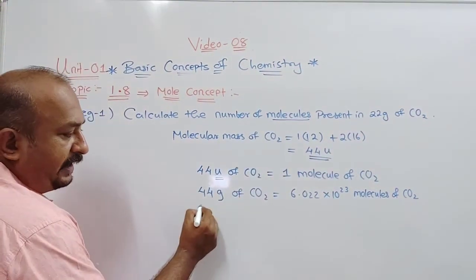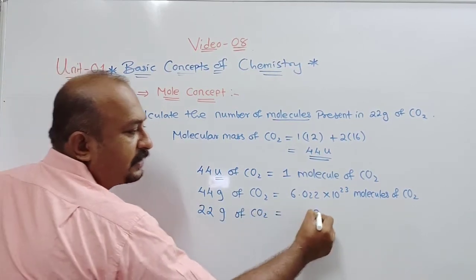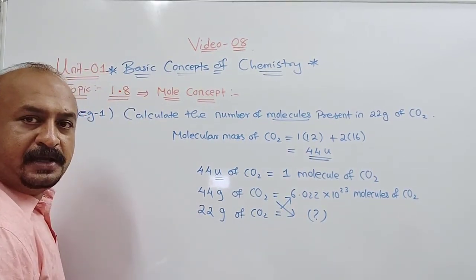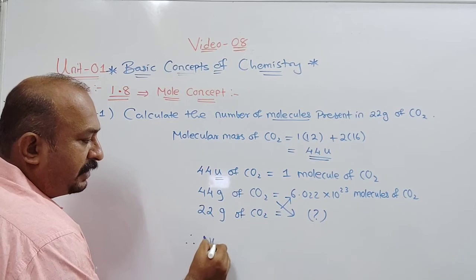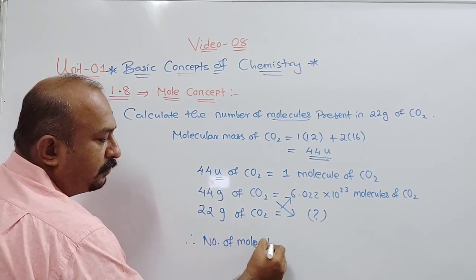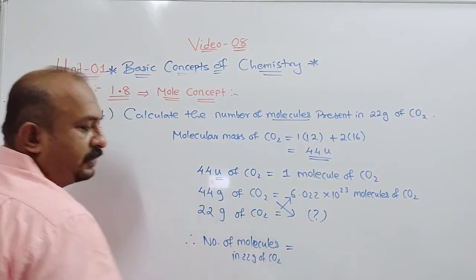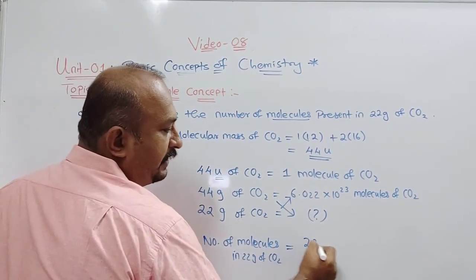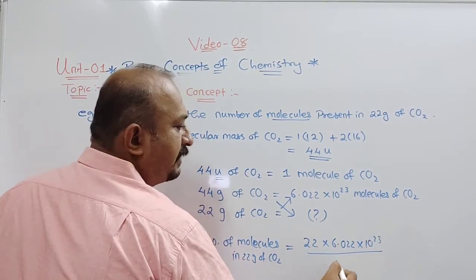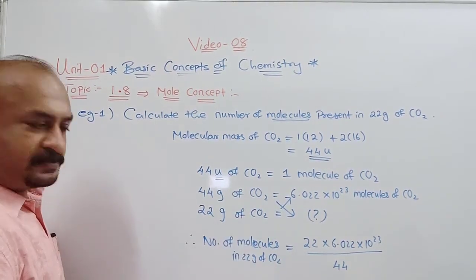So what we will do? I write here in grams: 22 grams of CO2 is equal to how much? It is simple cross multiplication. Therefore, the number of molecules in 22 gram of CO2 is equal to 22 into 6.022 into 10 raised to 23 divided by 44. Understood or not? This is simple cross multiplication.